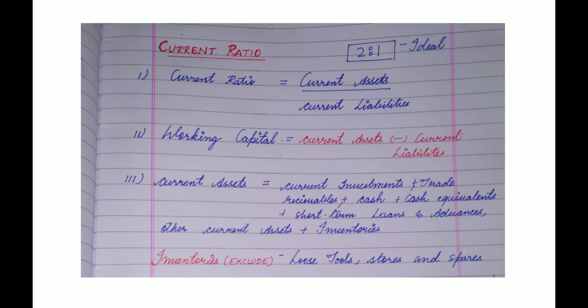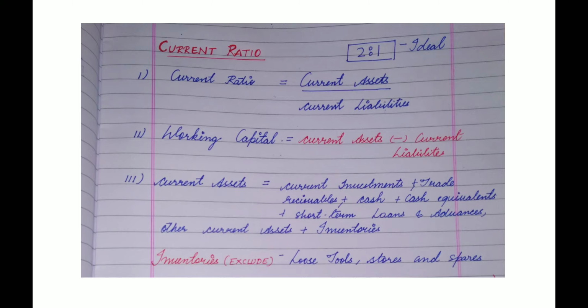Liquidity here means the ability of the firm to meet short-term obligations, that is current liabilities. So first of all, we try to find out the current ratio. The ideal current ratio is 2:1.